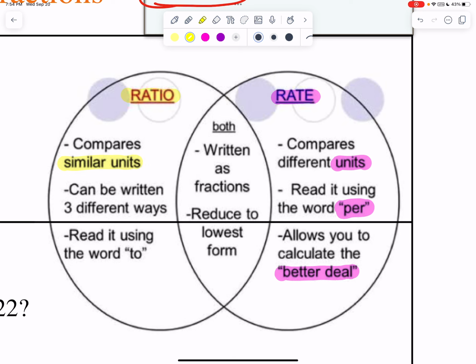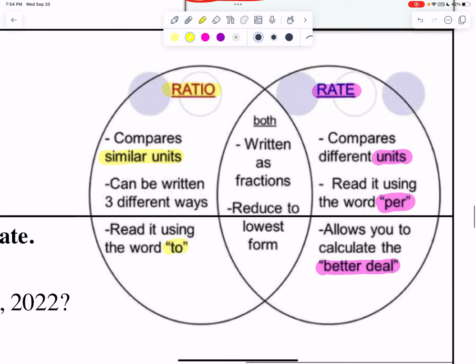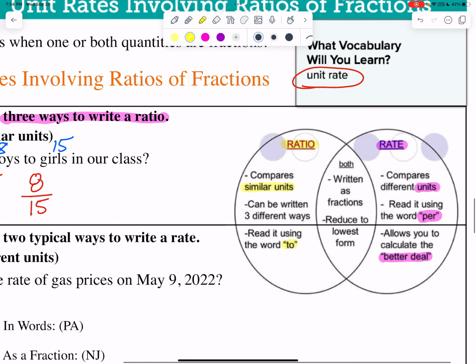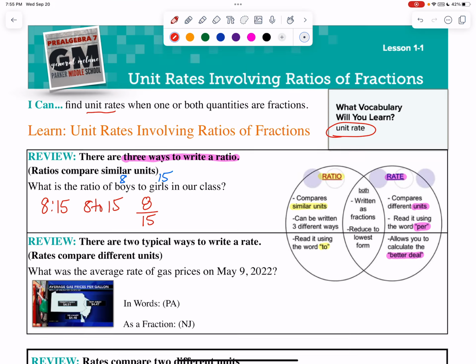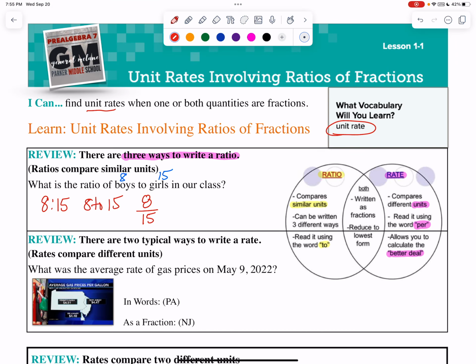So boys to girls, things like that. And I know you're saying, well, boys and girls are different, but they're still similar units. We're comparing human beings versus miles and gallons, which are two different things. Okay, but using those keywords is the big way to tell the difference.